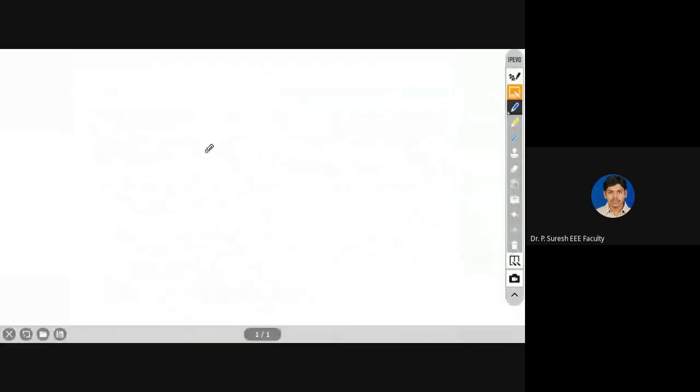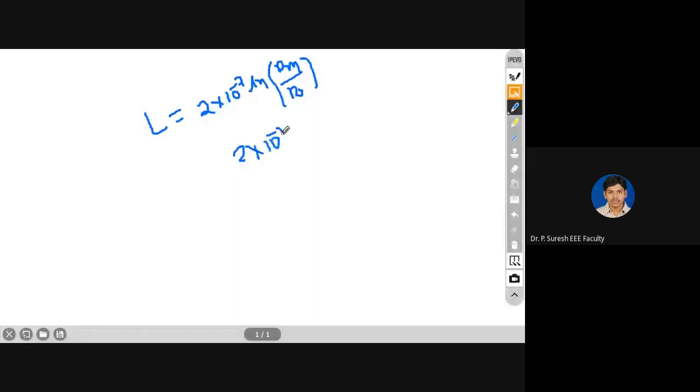So now tell me what is the inductance formula? Anyone? The inductance formula is 2 into 10 power minus 7 ln Dm by Ds. So I am simply writing it like 2 into 10 power minus 7 ln d by r dash. Now here d is doubled.